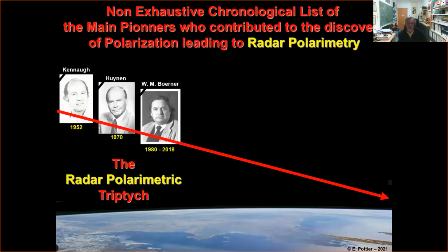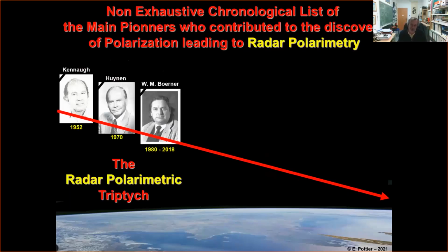Huynen developed the concept of the understanding of the polarimetric information. He did a PhD about the phenomenological analysis of radar targets. So he was not able to derive all the equations, but he was able to do different experiments. This is why he called his PhD phenomenological.